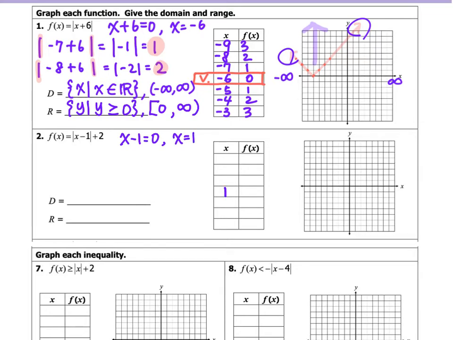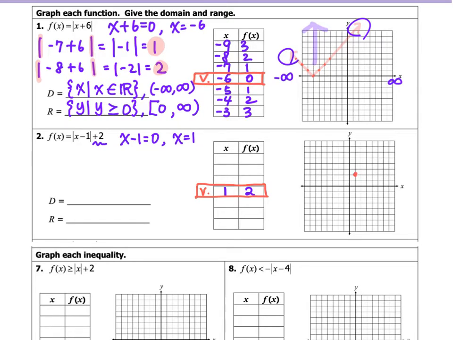When x equals 1, y should be 2. Outside of the absolute value there is a plus 2. That is your y coordinate of the vertex, right? So we found the vertex. That is (1, 2), right here.